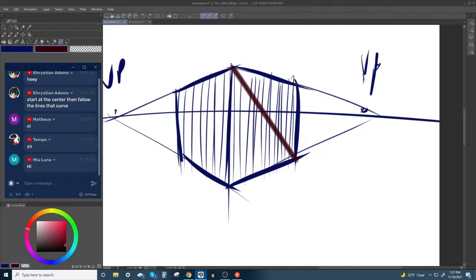Now from this point on, I can make a line here. Oh, I did it wrong. I keep doing it wrong because I'm using a very big brush. Okay, so here and then here. Okay, now here. Now I'm going to do here and then up.